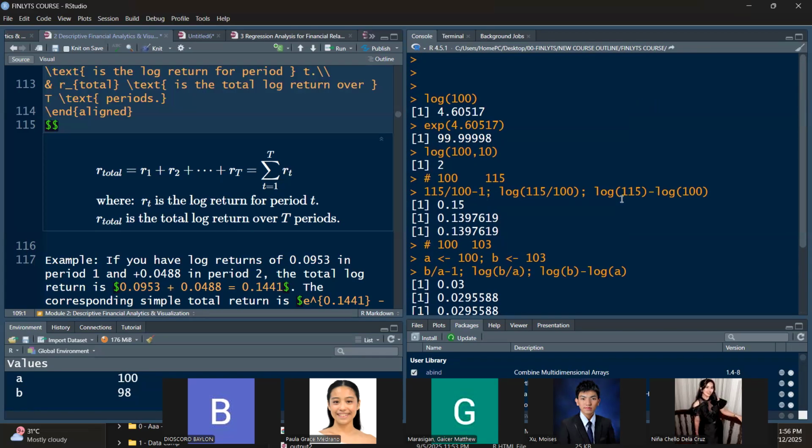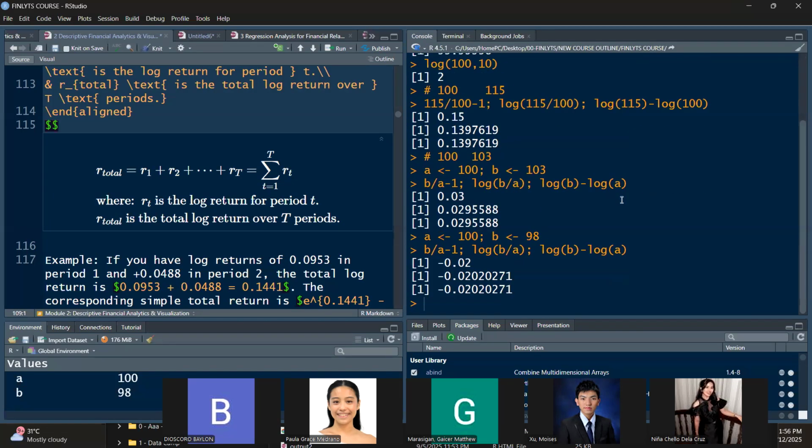Okay, so let's have a very brief exercise, class. Supposing the prices range from 100 and then went down to 99 and then 101 and then 103, and then 101, then 99.